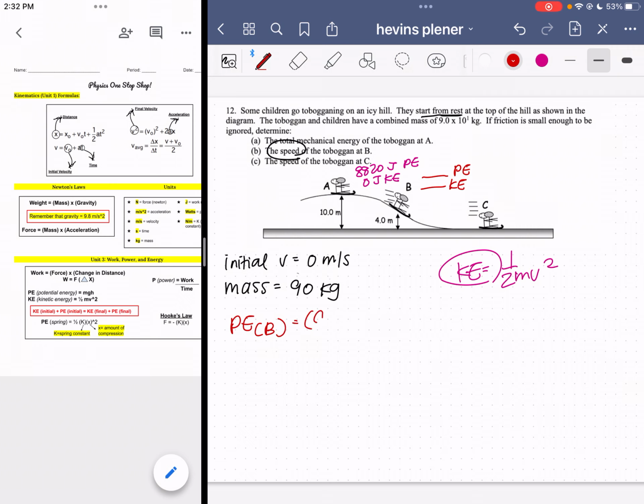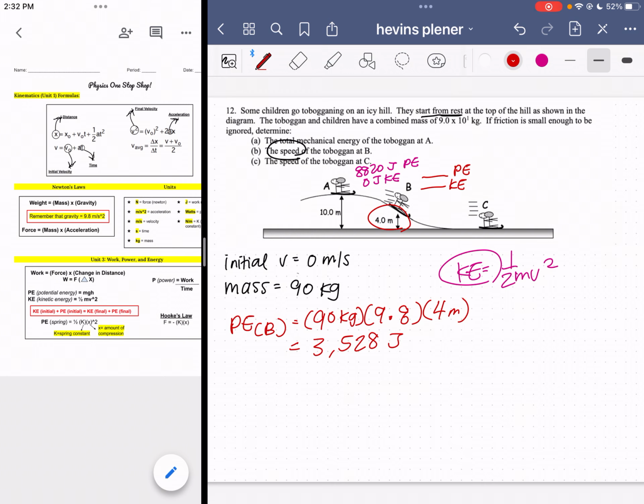So mass is 90 kilograms, gravity is 9.8, and our height here is 4. So 90 times 9.8 times 4. And our potential energy is 3,528 joules at that moment.